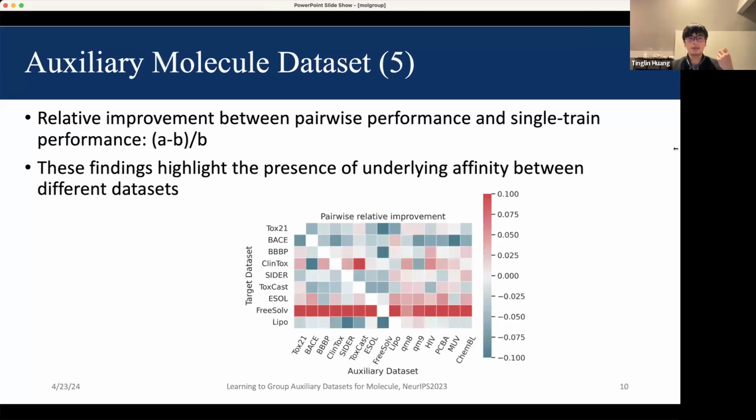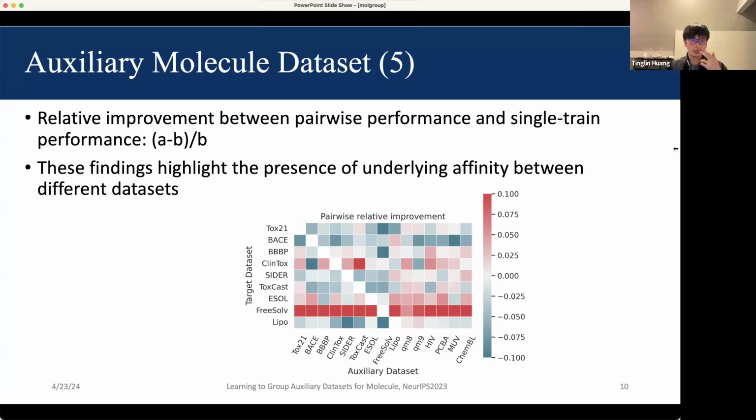So here is the result for this preliminary study. The red cells mean that the target dataset has greater performance when combined with the auxiliary dataset, and the blue cells indicate negative transfer cases.